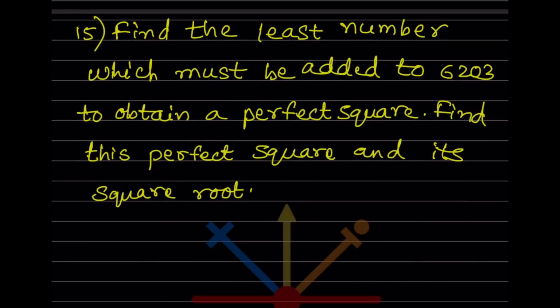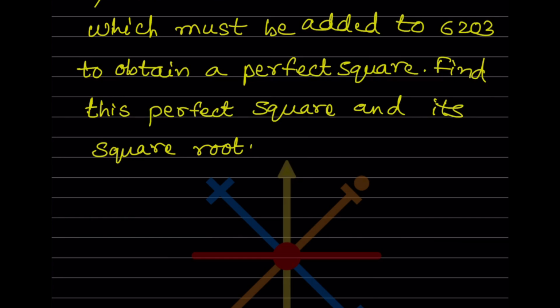Find the least number which must be added to 6203 to obtain a perfect square. Also, find this perfect square and its square root. So now here again you will do 6203, divided into pairs. 7 sevens are 49 and 8 eights are 64.